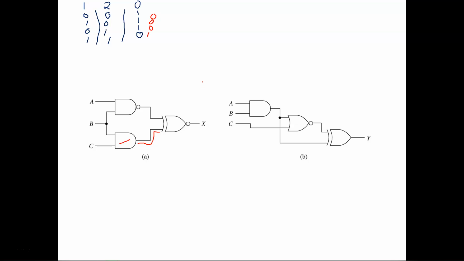What are they connected to? An exclusive NOR gate. So that means he's looking for what to allow a signal? Differences. Not differences. Wouldn't it be the same?